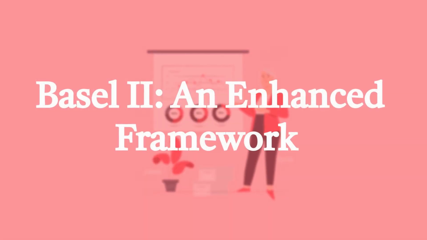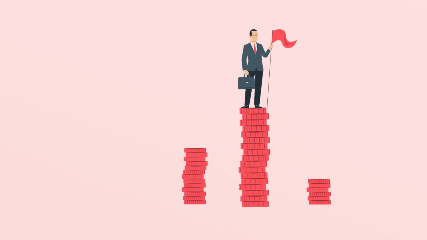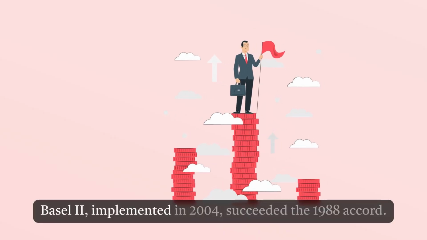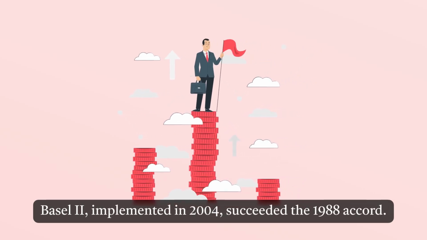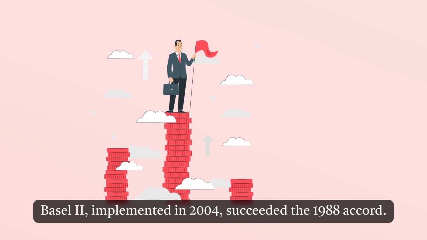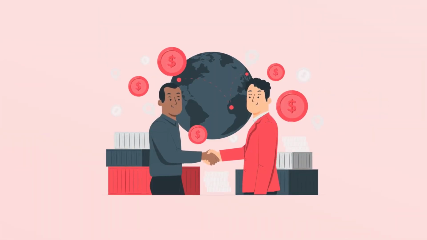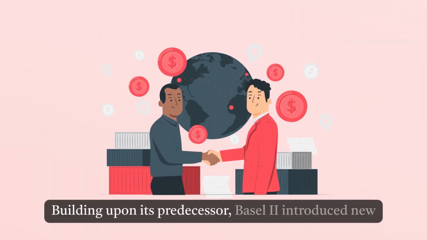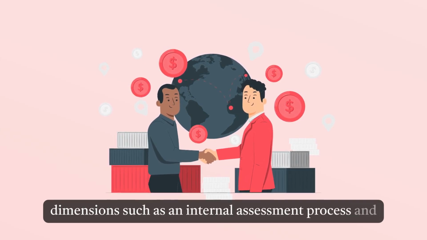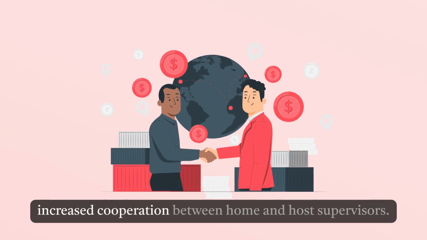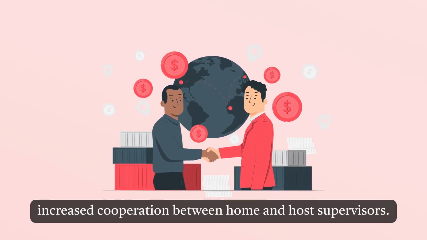Basel II, an enhanced framework. Basel II, implemented in 2004, succeeded the 1988 Accord. Building upon its predecessor, Basel II introduced new dimensions, such as an internal assessment process and increased cooperation between home and host supervisors.